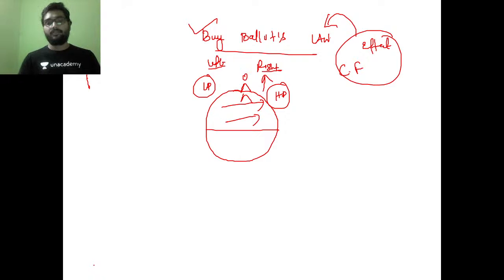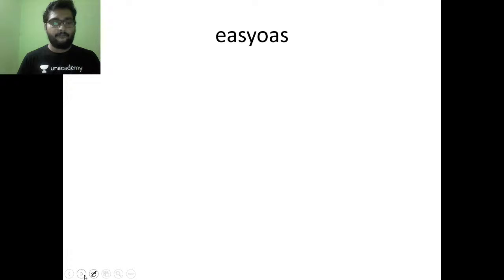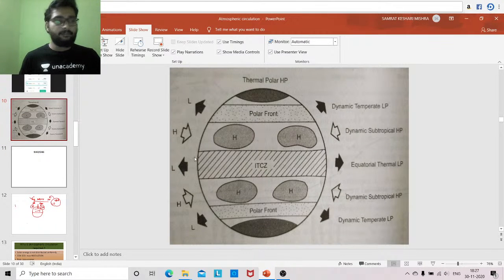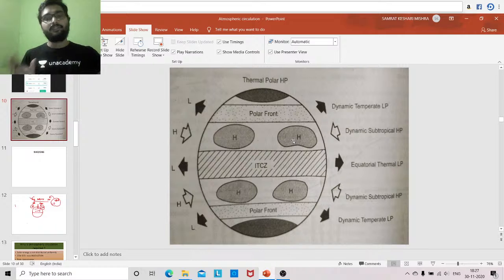So summarizing today's topic of discussion, we discussed different pressure belts: what atmospheric pressure is, and the factors that affect atmospheric pressure.